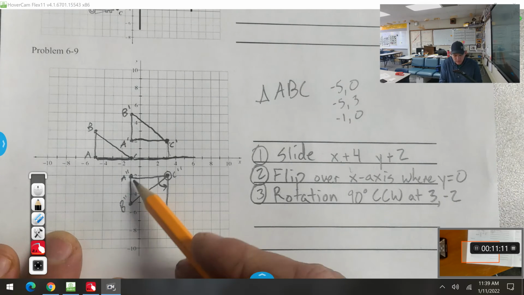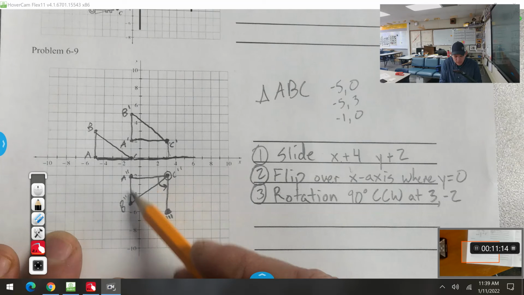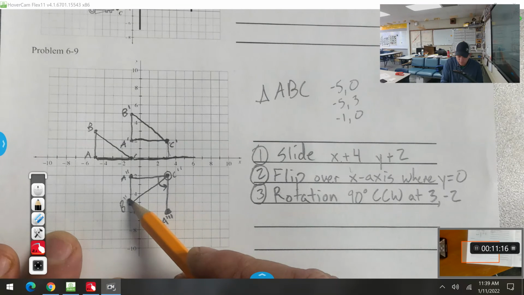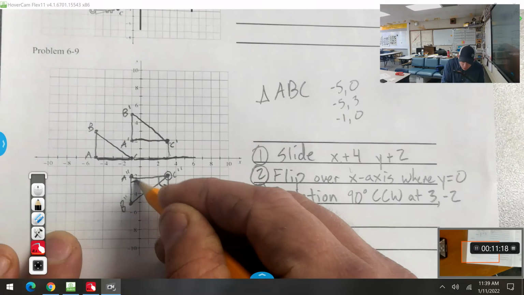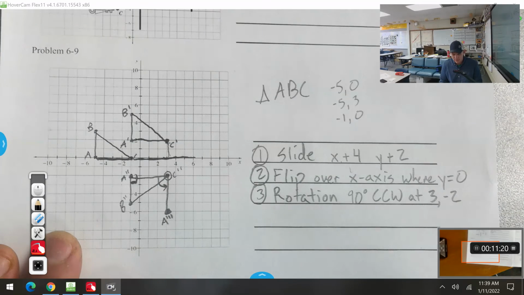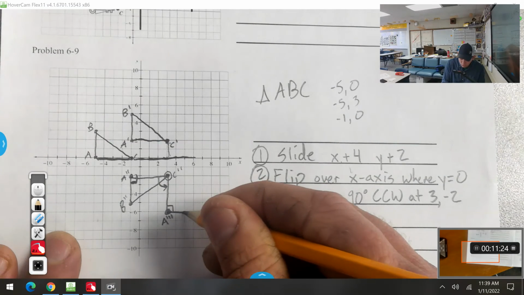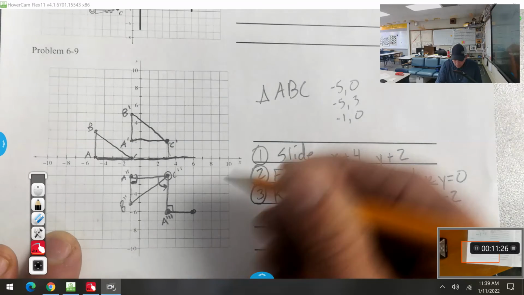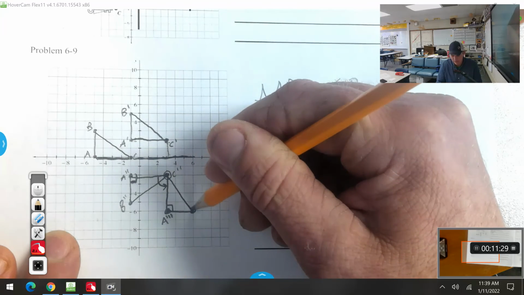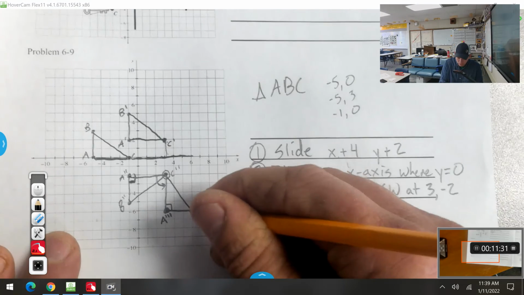But I do know that the distance between A and B is 3 units. And I notice a 90-degree angle right there. So if that's 90 degrees, I know this is 90 degrees. 1, 2, 3. And now I can see my diagonal. B triple prime.